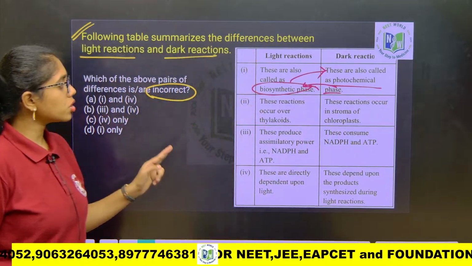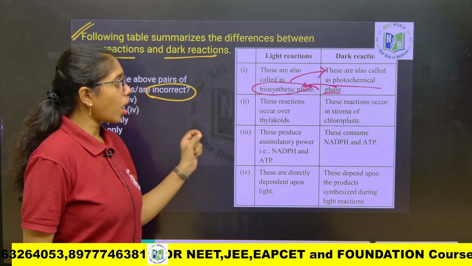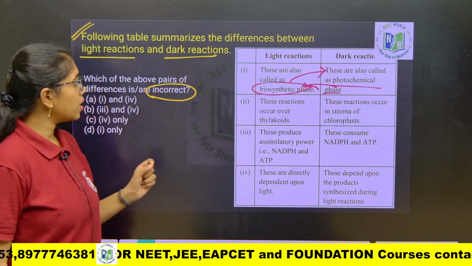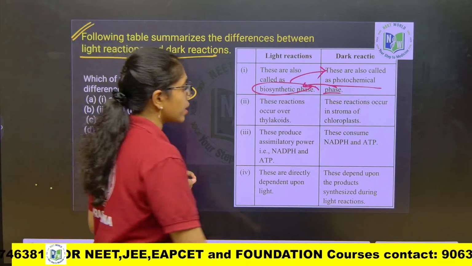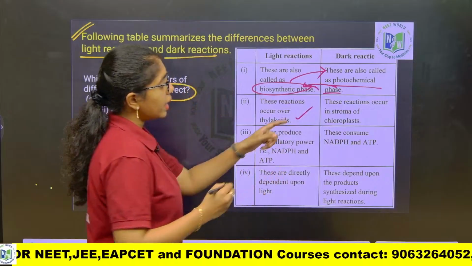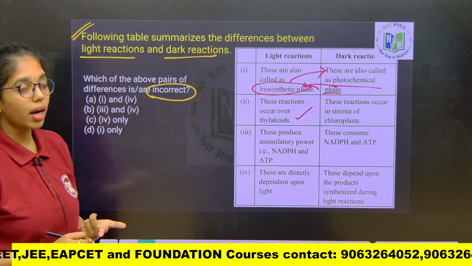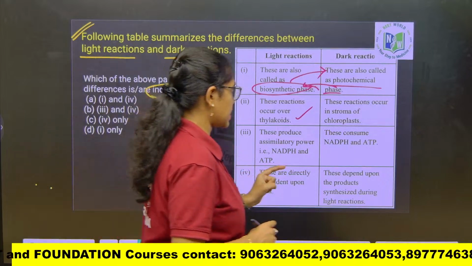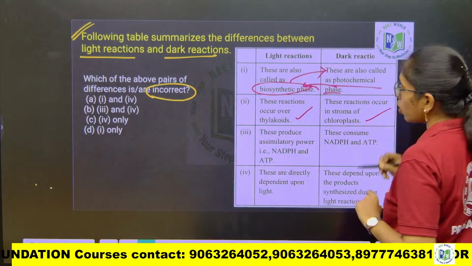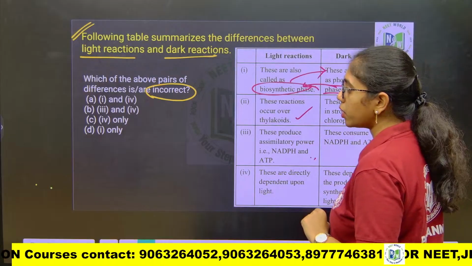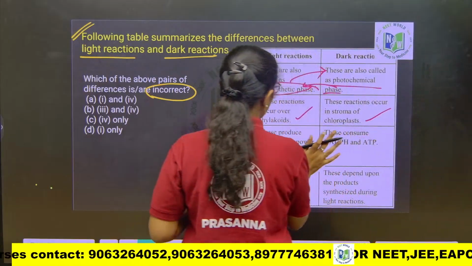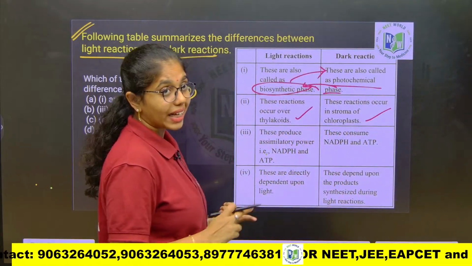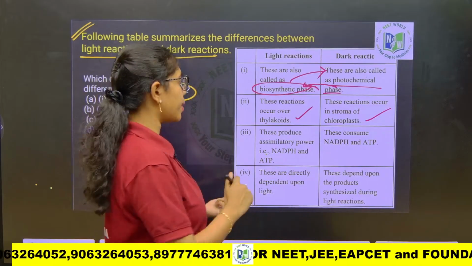Light reactions, these reactions occur over the thylakoids. Yes, light reaction occurs over the thylakoids. In dark reaction, these reactions occur in stroma of the chloroplast. Yes. This third statement you look into, beta, these produce assimilatory power, that is NADPH and ATP. Clear?